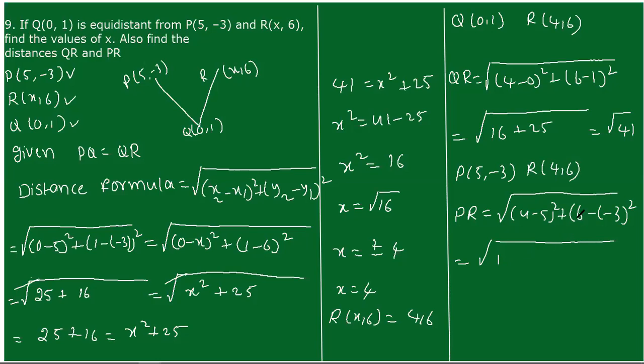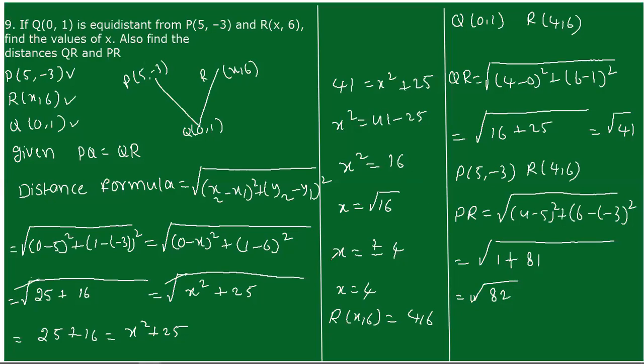Here minus into minus is plus, 6 plus 3 is 9, 9 square means it is 81. So we can write under root of 90. So the PR distance is root 90. Okay, sorry guys, here 81 plus 1 is 82. I apologize for that. It is root 82.